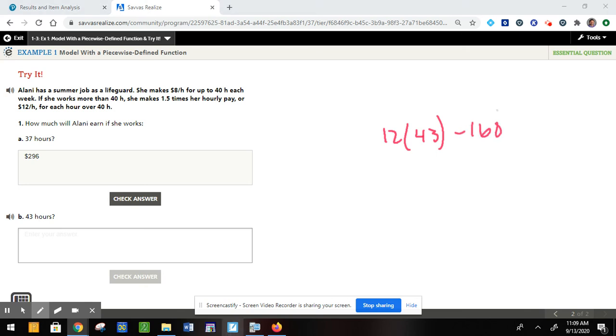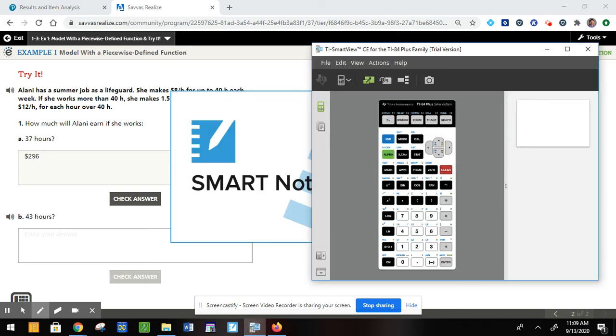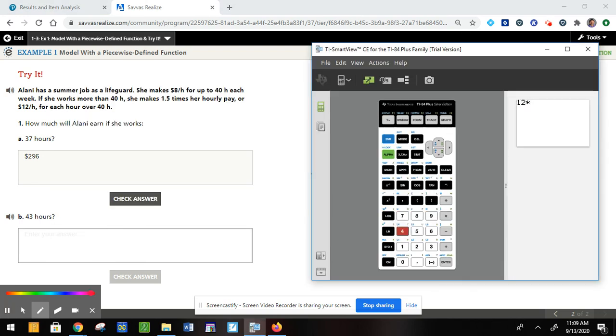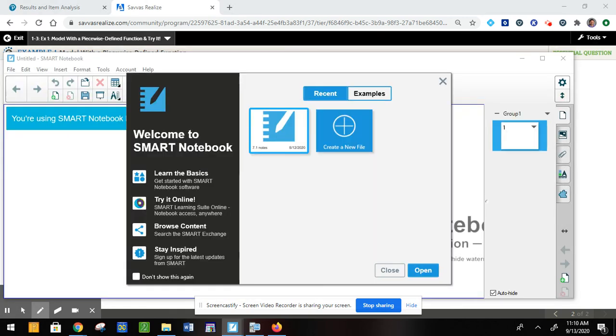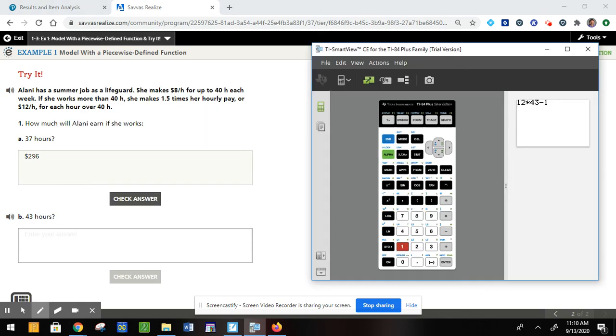So on the calculator, let's type that in. You get $356.